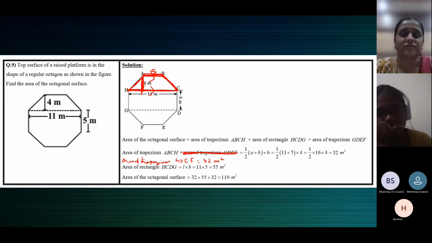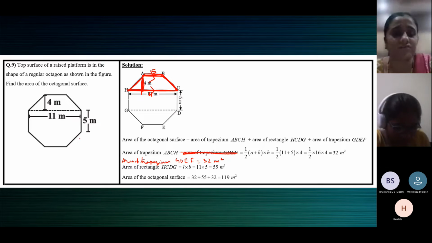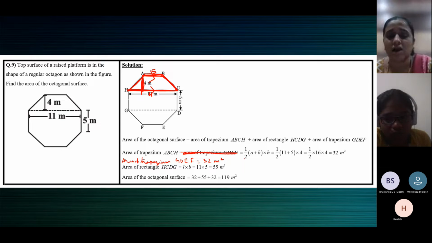So this is 5, this is 11, and the distance between the two parallel sides is 4 meters. So the area of trapezium ABCH is equal to half into (a plus b), so 5 plus 11, into the distance between them, 4.